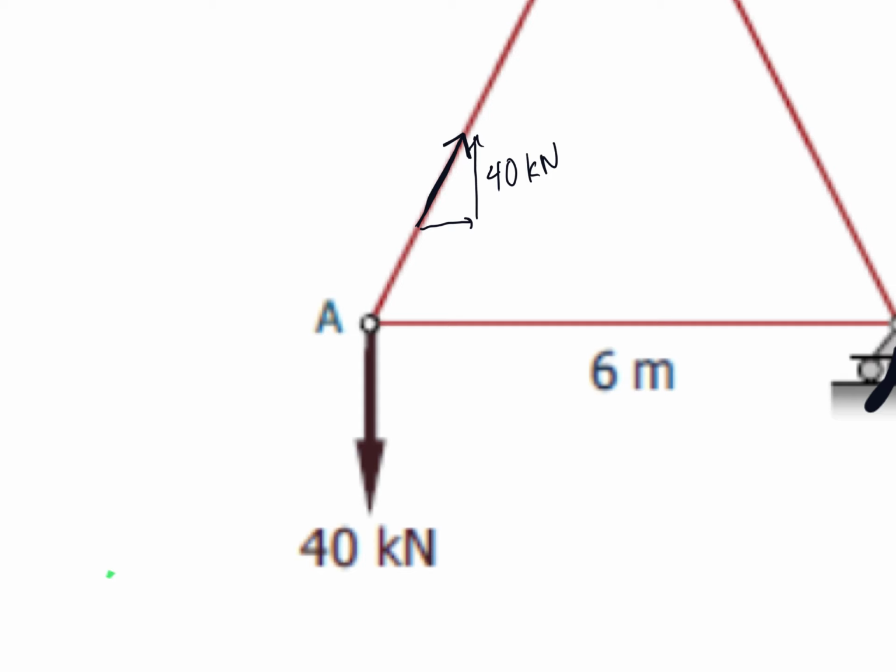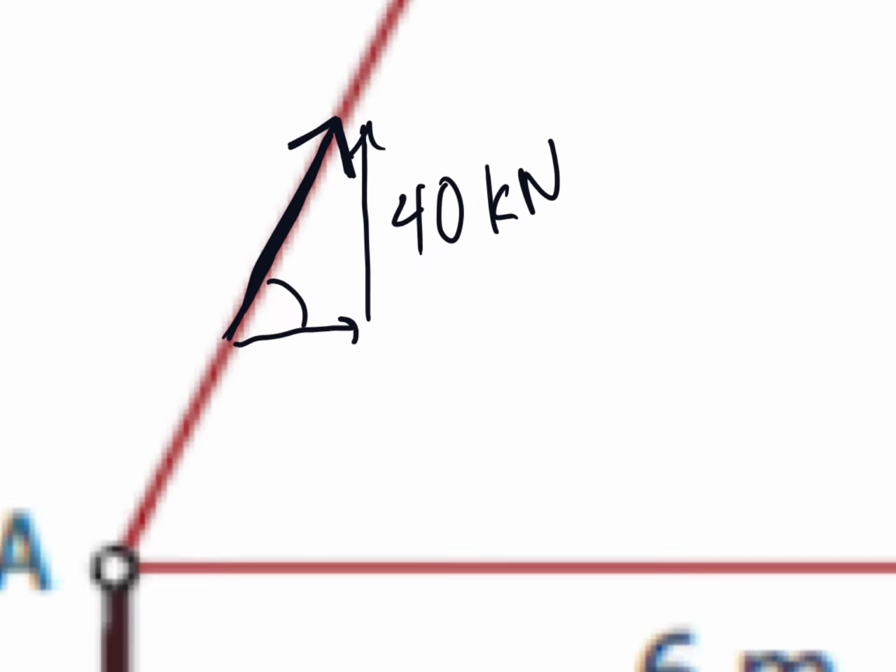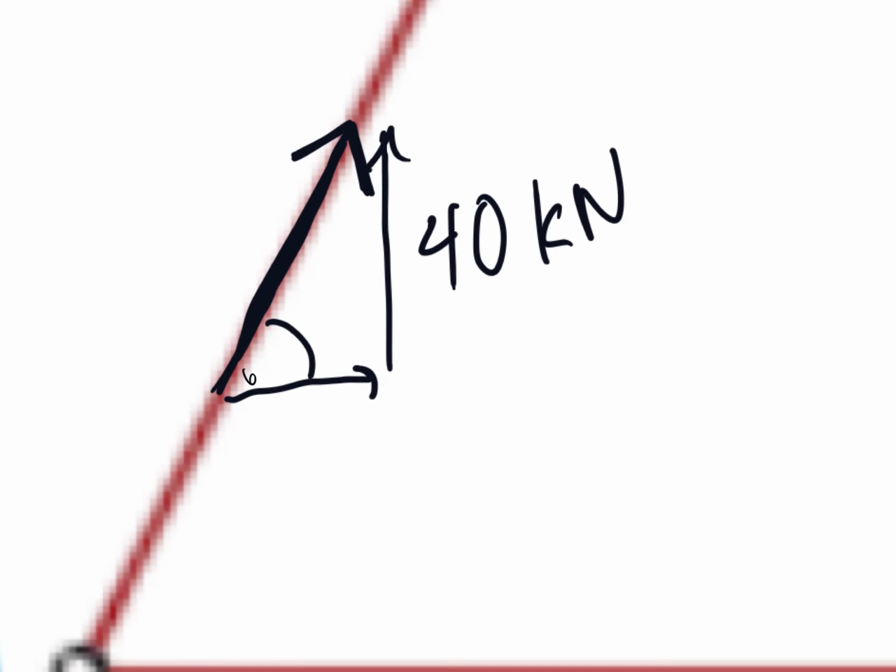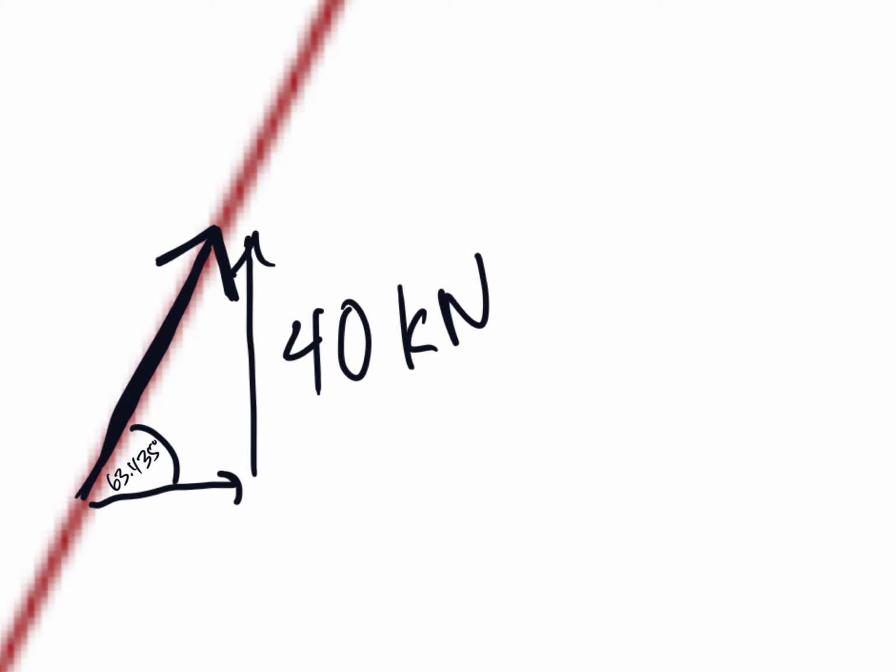Now I know this angle is 63.435 degrees. So let's go ahead and get those sides. We'll do a little trig off to the side here. This is the opposite side, so the sine of 63.435 degrees equals the opposite, 40 kilonewtons, over the hypotenuse.